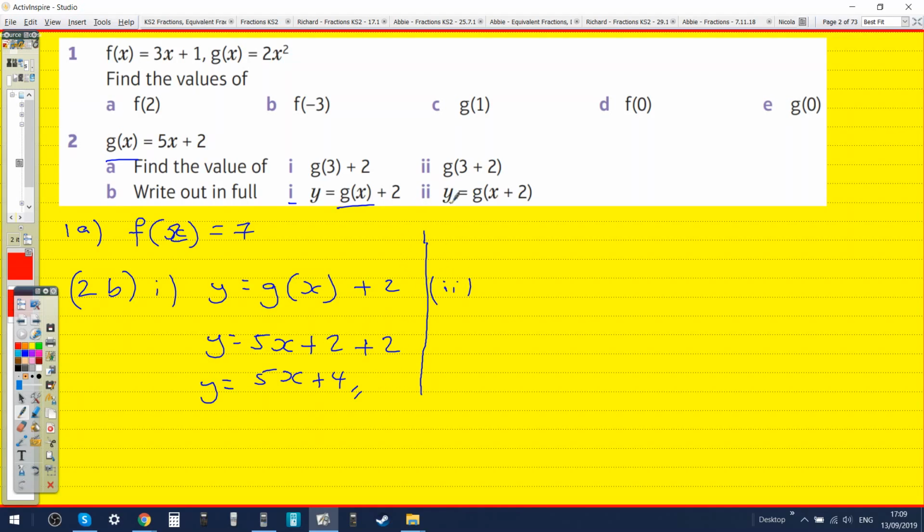Okay, part 2. 5x plus 4? So this time, instead of x, you have x plus 2.